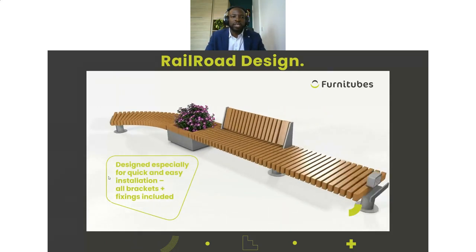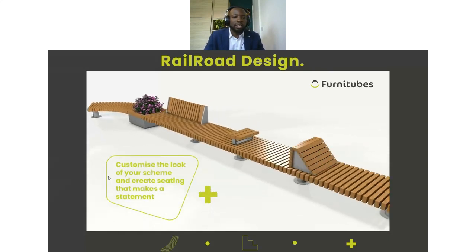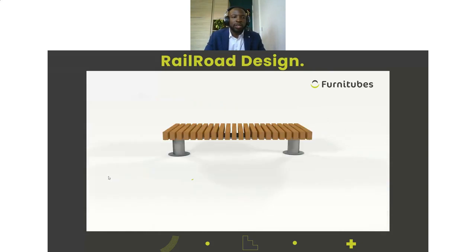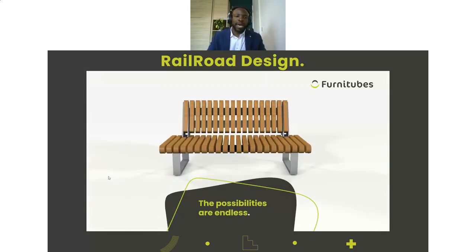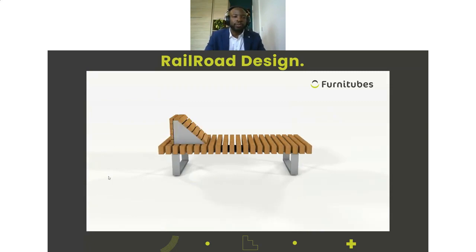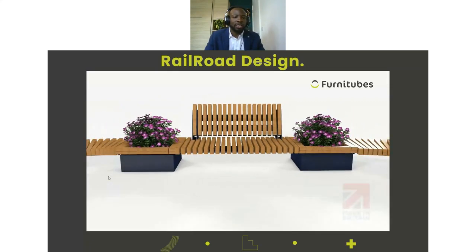Backrest can be straight, inner curve or outer curve. You can attach the chaise longue. The armrest can either be just steel or with timber pads. And it's all manufactured in Kent.